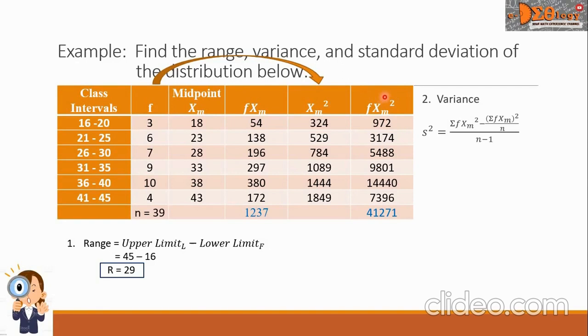Now we are ready to solve the variance. These two numbers in blue are the ones that we need in our formula. Substituting now the values, we have s squared equals 41,271 minus the square of 1,237 all over n, that is 39, and all over n minus 1, which is 39 minus 1.